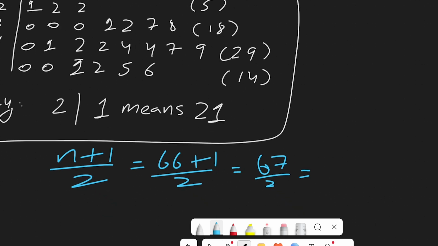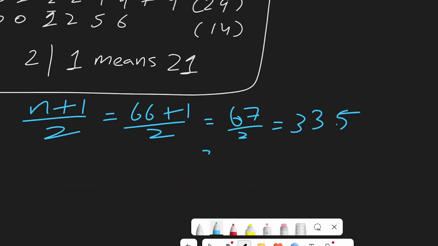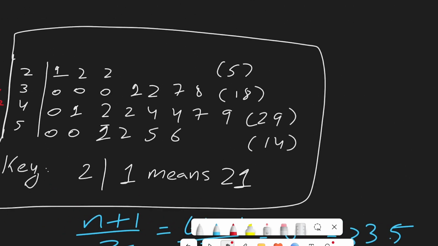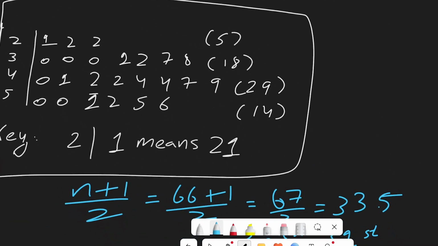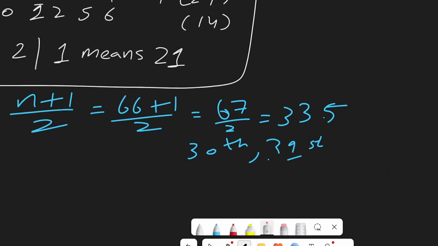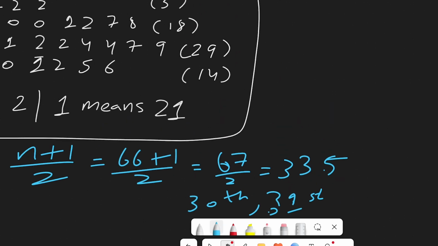Which is 33.5. That means the median would be the average of the 33rd and 34th positions. To see those positions, we do something similar over here. We see 5, then we have 18. 18 plus 5 is 23. We haven't reached the position yet, so we'll keep moving on.